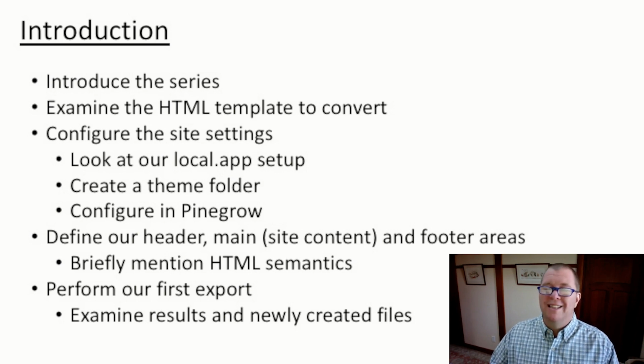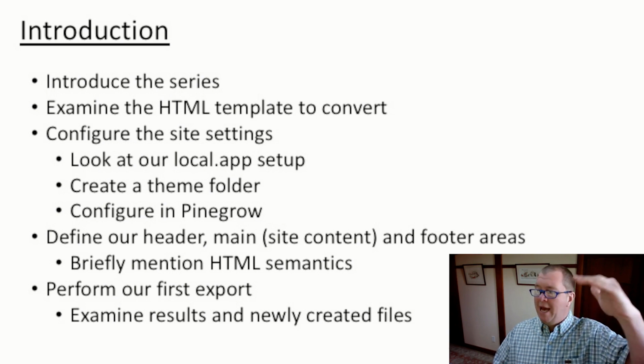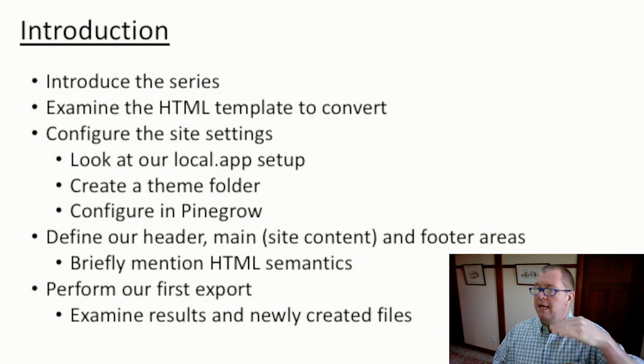We're going to talk just a little bit about semantic HTML, and we're going to do the first step of breaking our theme, our first page of our theme, down into a header, a main site content, and then a footer area. And then we're going to perform our first export and see what exactly Pinegrow creates for us within our WordPress theme file.